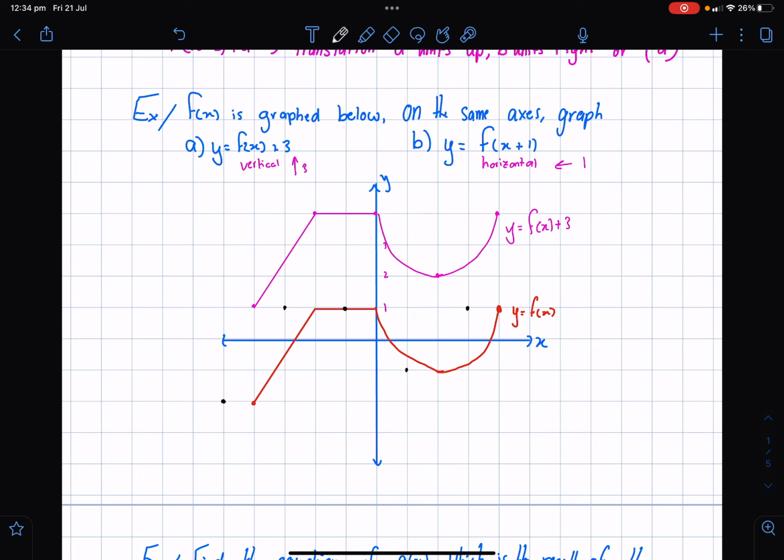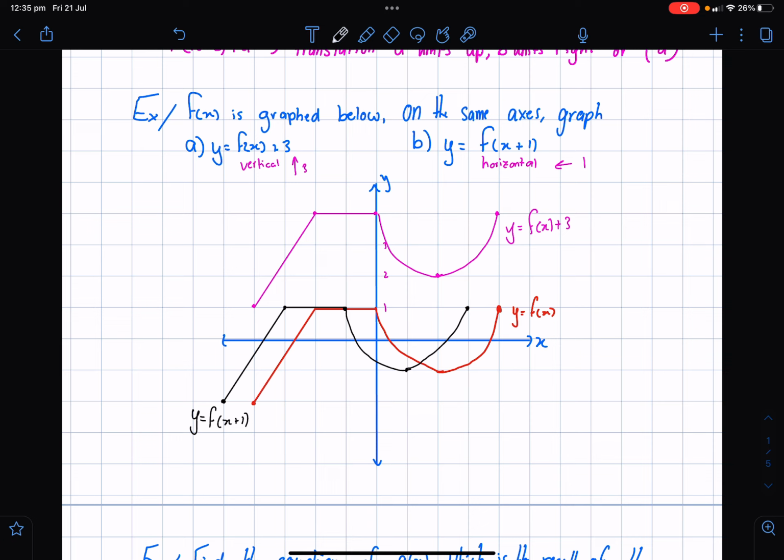So you can see all my points have just shifted to the left 1 unit. And again, we're just going to map that same function along here. That is an ugly curve. It's a bit better. And just like that. And I'm going to label it down here, just a bit further out of the way. f of x plus 1.